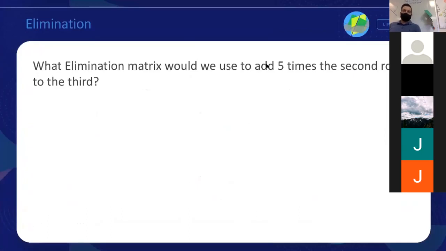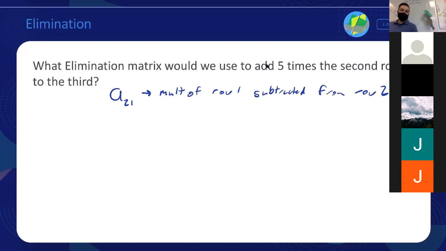So, an elimination matrix to add 5 times the second row to the third. We just said A21 will subtract a multiple of row 1 from row 2.